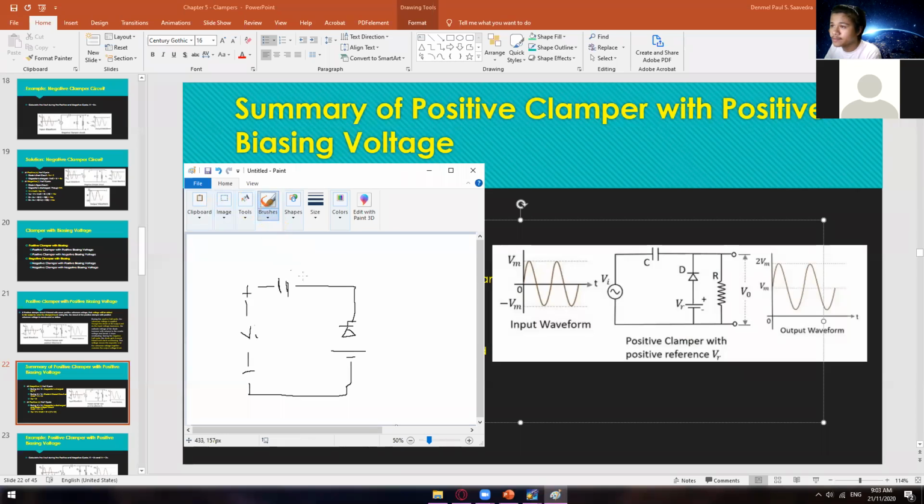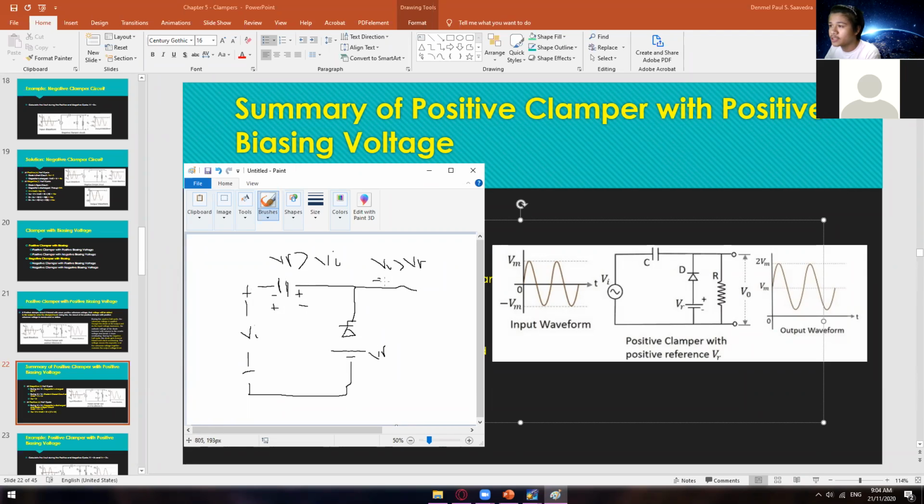So this is our V sub R. During V sub R greater than V sub I, we'll be having a closed loop here. So this one will be charged positively here, and then discharged negatively. And then during V sub I greater than V sub R, this one now will become an open circuit. So this will be charged positively, and then discharged negatively.